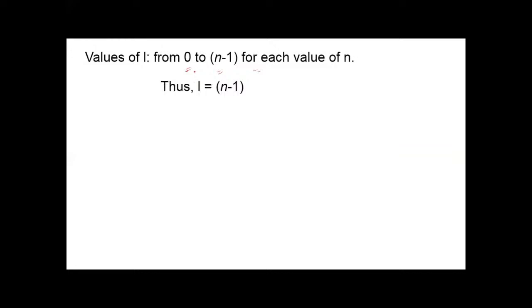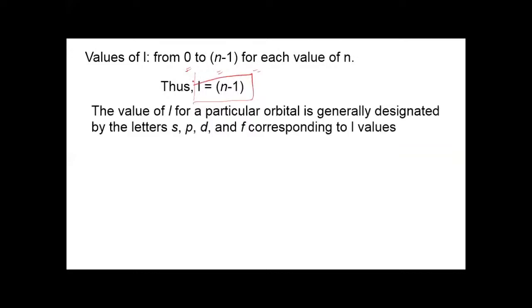Now value of l is from 0 to n minus 1 for each value of n. Thus l is equal to n minus 1. The value of l for a particular orbital is generally designated by the letters s, p, d and f corresponding to l values.